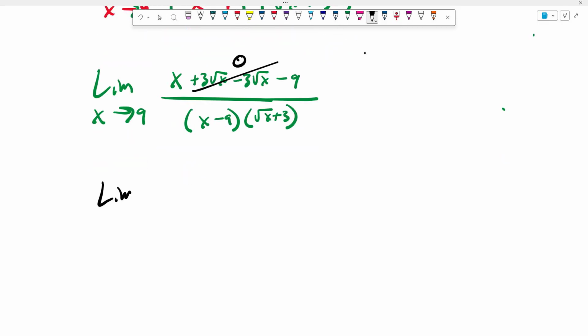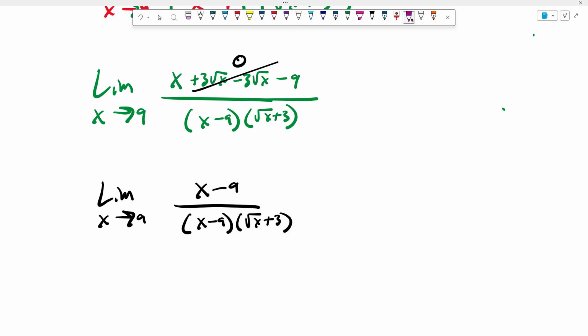So we get the limit as x approaches 9 of x minus 9 over x minus 9 times the square root of x plus 3. And now what? If you try plugging in 9 again, direct substitution, you still get 0 over 0. However, we go back to our previous trick.